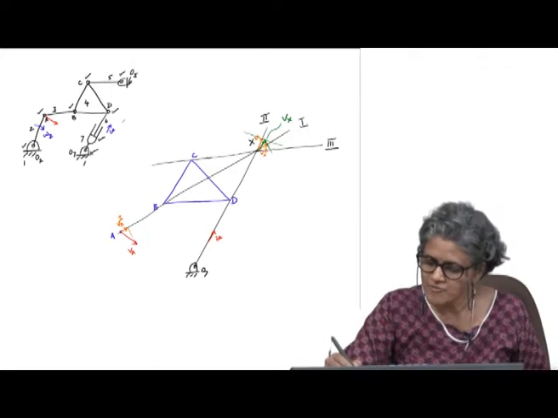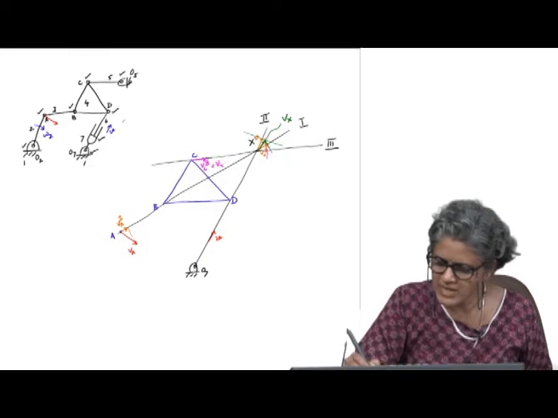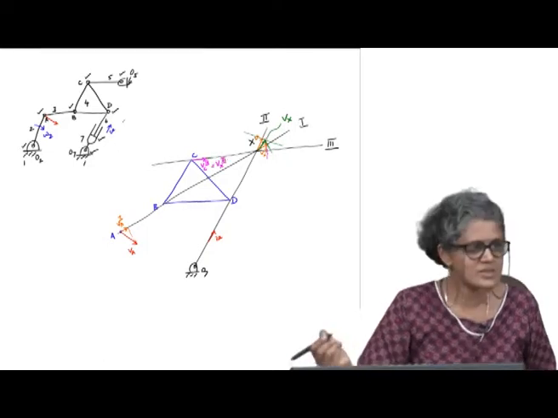So, Vc along 3 will be equal to Vx along 3.